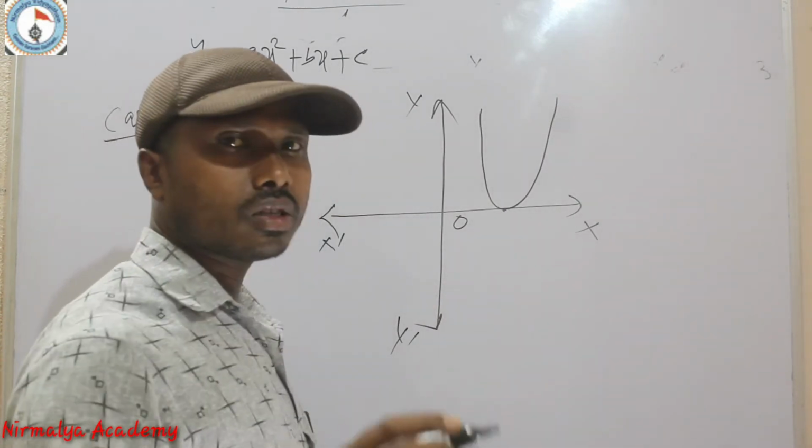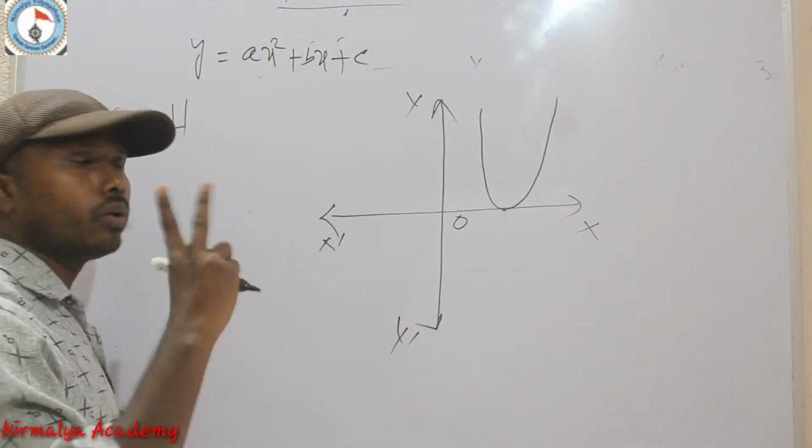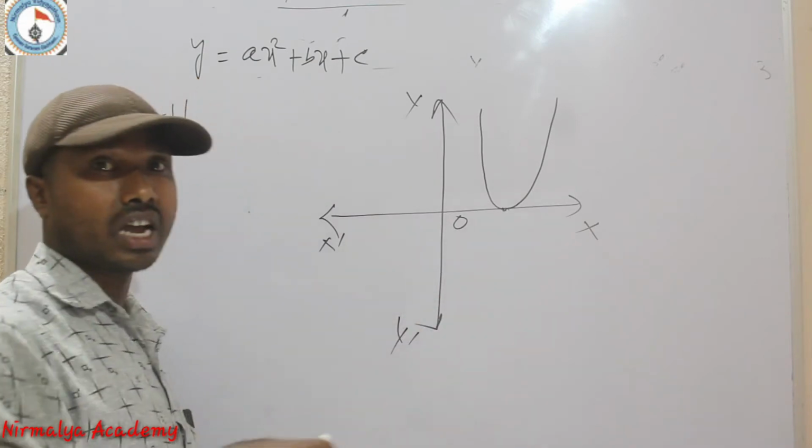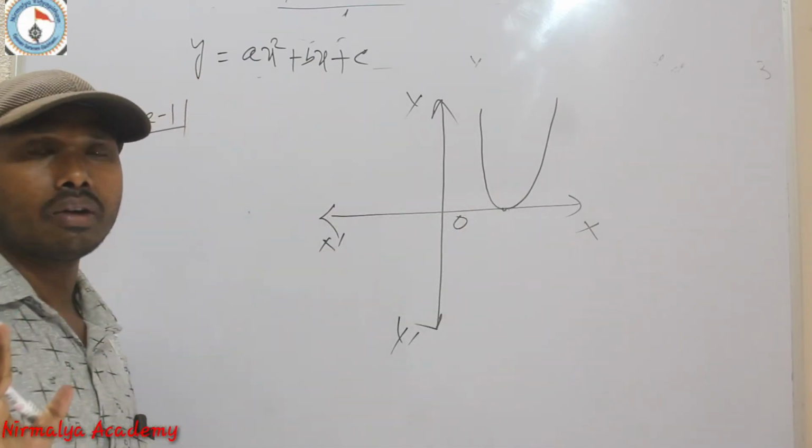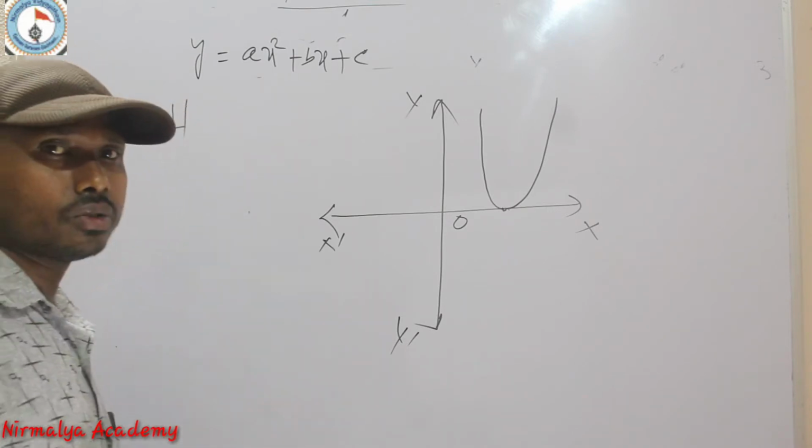Actually, there are two zeros, or two points, which coincide. That's why the graph cuts the x-axis at exactly one point. This is the second situation.